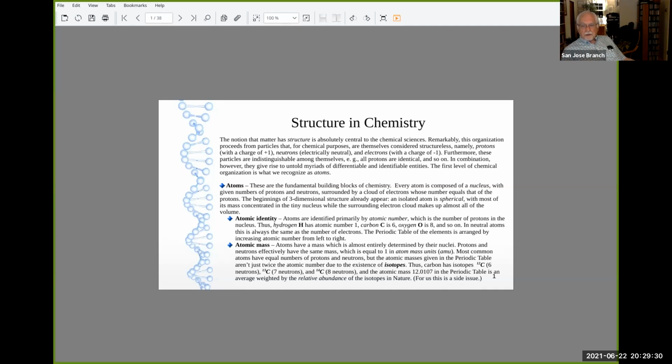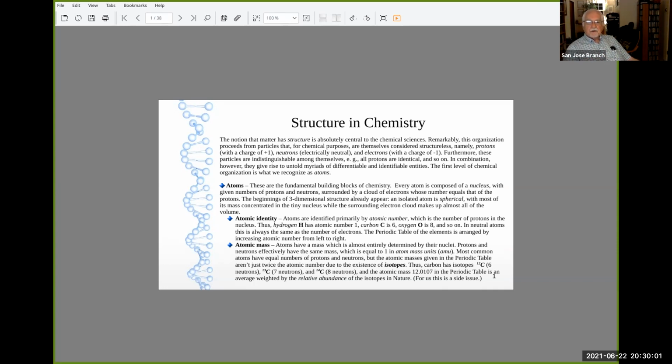When you look in the periodic table and average for the relative abundance of those isotopes, you'll find that hydrogen has an atomic mass of 1.001, something like that. For us, it's a side issue because it doesn't affect the atomic structures very much, and we don't really care that much about isotopes for our purposes.